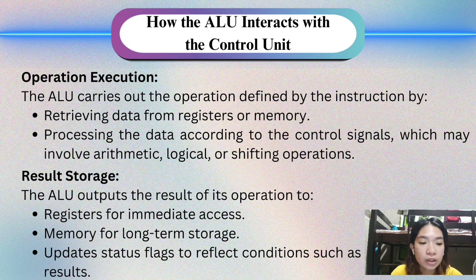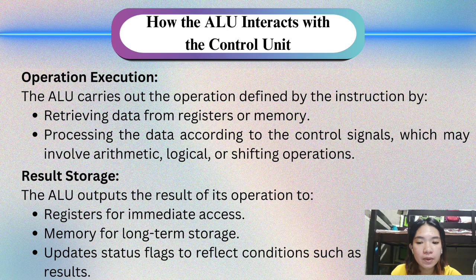And the control unit ensures that the correct data is made available to the ALU. In processing the data, the ALU processes the retrieved data according to the control signals. This processing can involve various types of operations, such as arithmetic, logical, or shift operations.